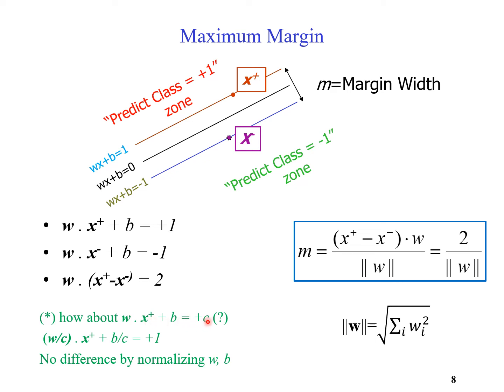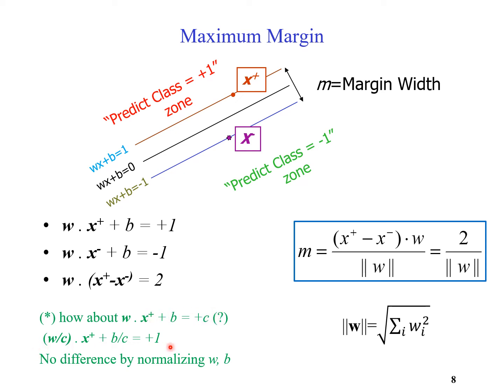You may wonder if the right hand side can be any number. Actually, you're right. You can say wx plus b equals c or whatever. But suppose wx plus b equals c, then we divide this equation by c.